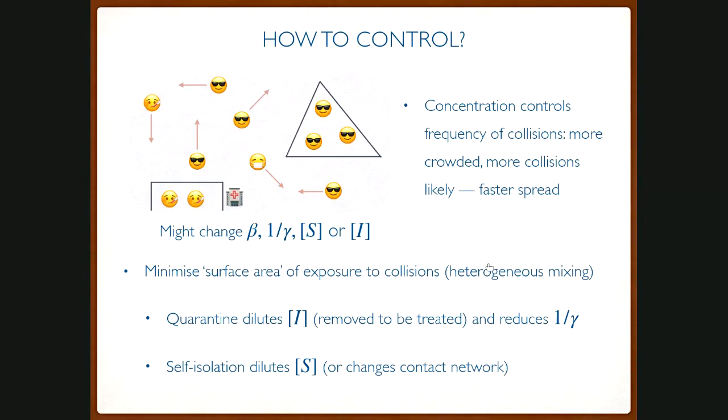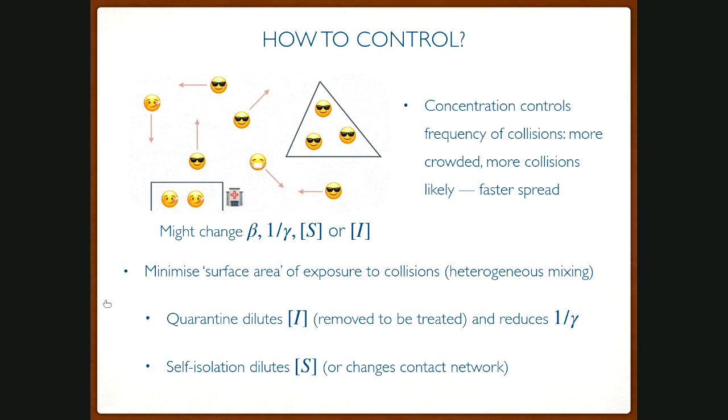So what else could we do? Well, obviously the concentration also controls the frequency of collisions, and also explains why crowded areas, which would be quite densely populated cities, for example, you could think of as regions of more concentration. So what we want to do here is design some interventions that could minimize the surface area or exposure to collisions.